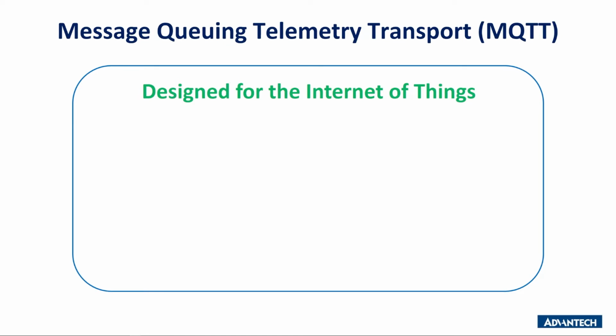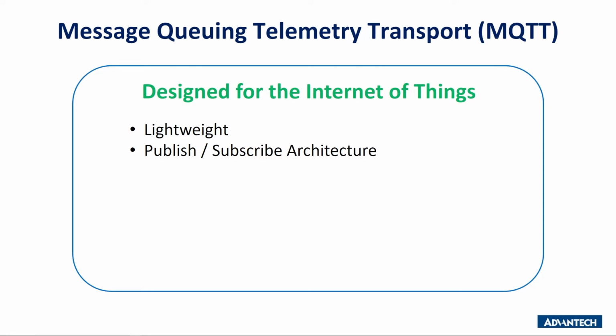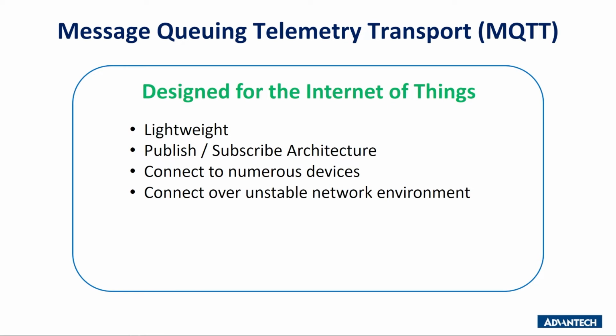Designed for IoT applications, the MQTT protocol is a machine-to-machine network protocol which is suitable for connecting low-powered and remote devices. It is an efficient way of communicating and does not take up a lot of network bandwidth. What's more, due to its unique publish and subscribe architecture, multiple devices can be connected, even under an unstable network environment.